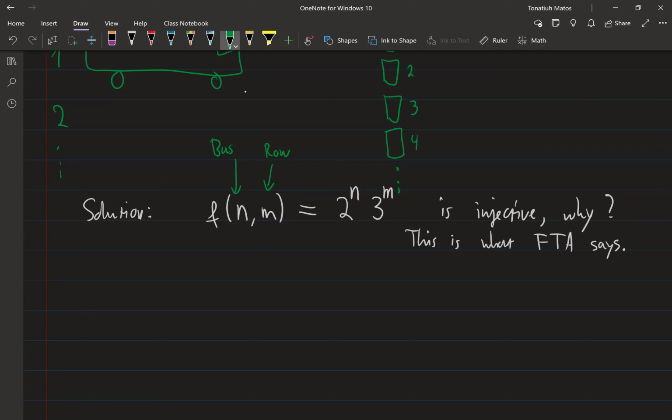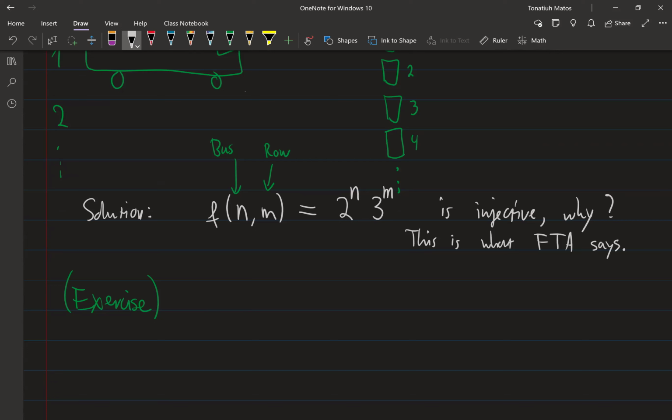So I will let you finish this in case you haven't figured out why this function is injective. I suggest you write it down, and if you have questions next lecture or even today on Piazza, feel free to ask me, and I will expand upon this. This is one way of doing it. It is not the only one.